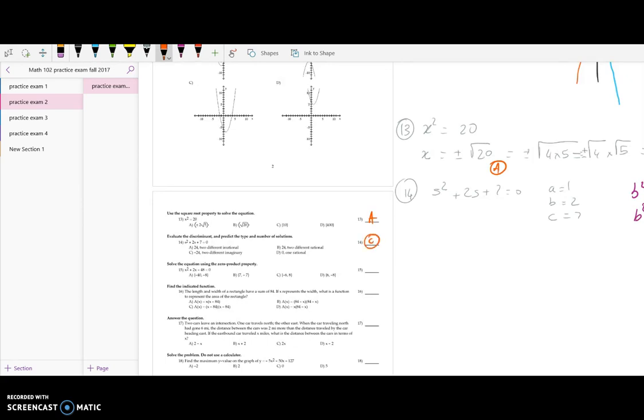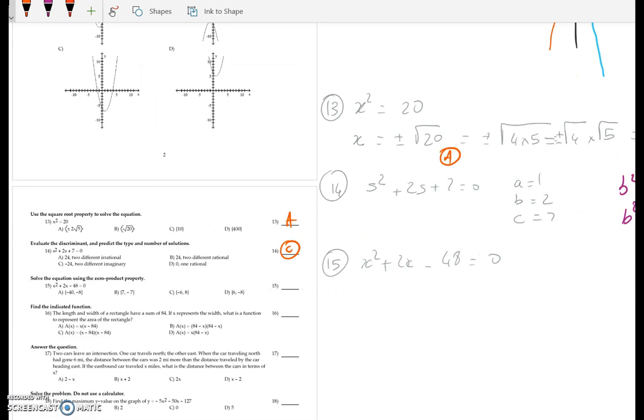So number 15. Number 15, we're having solve the equation using the zero product property. So we got x squared plus 2x minus 48 equals 0. So what is the zero product property?